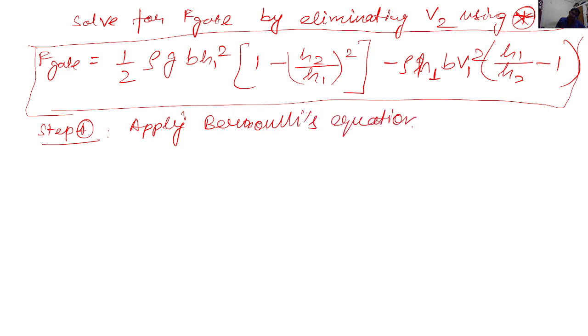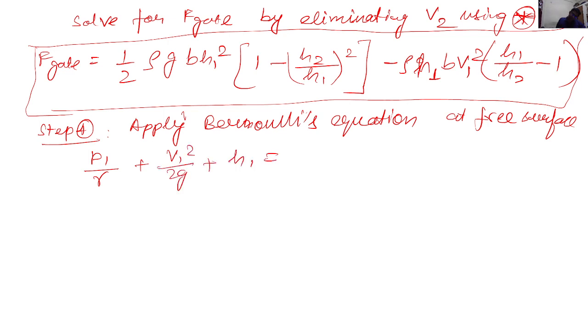Apply Bernoulli's equation between 1 and 2 at their free surfaces, so that the pressure term vanishes because it is atmospheric, since we are considering the gauge pressures. So it would be P1 by rho g, which is nothing but gamma, plus V1 square by 2g plus H1 equal to P2 by gamma plus V2 square by 2g plus H2.